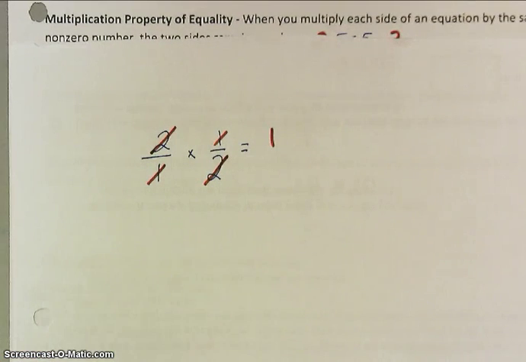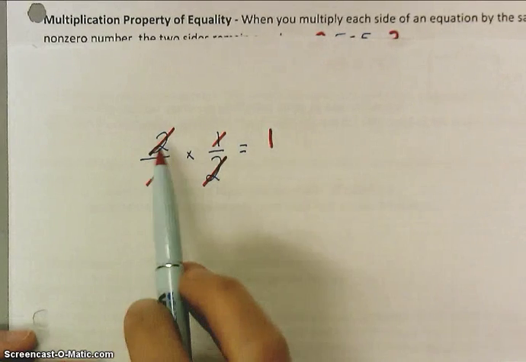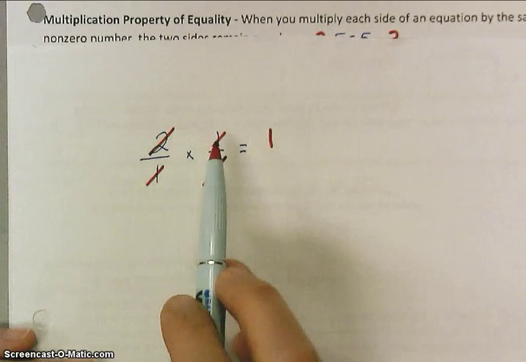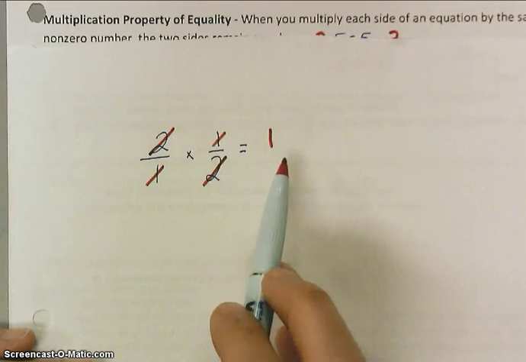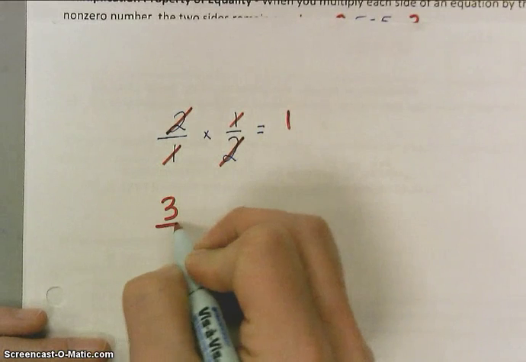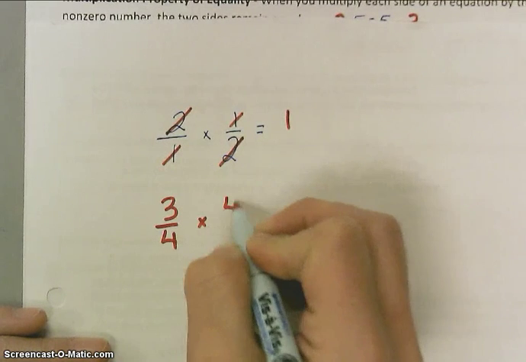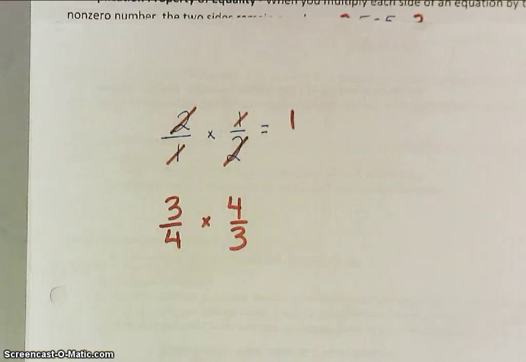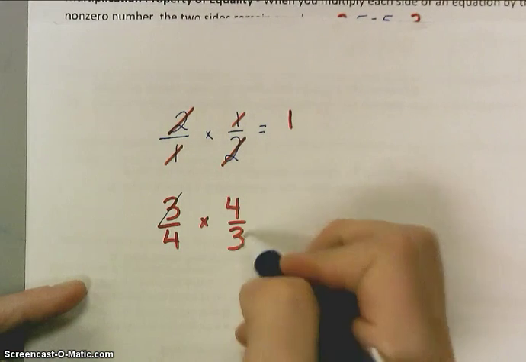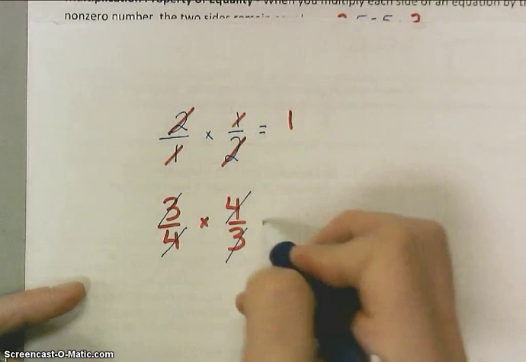That's what the multiplicative inverse property says: when I take a number and multiply it by its reciprocal, I'm always going to get 1. So let's do our 3 over 4 times 4 over 3. Using our cross canceling, 3's cancel, 4's cancel, I get 1.